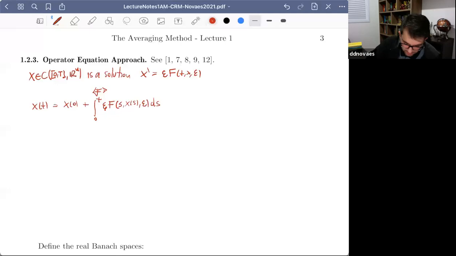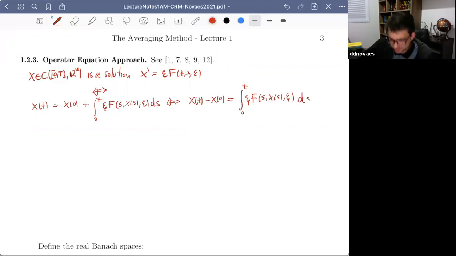Let's put x(0) on the left-hand side of the equation. So this is equivalent to saying that x(t) minus x(0) is equal to the integral from 0 to t of epsilon f(s, x(s), epsilon) ds. Here we can define a linear operator. Let's call this difference L applied to a continuous function x, evaluated at t.